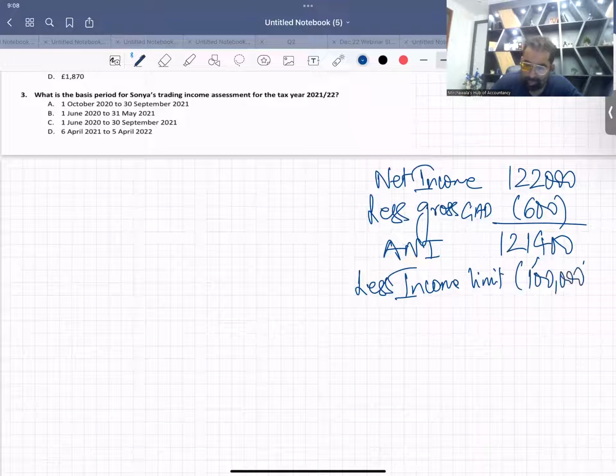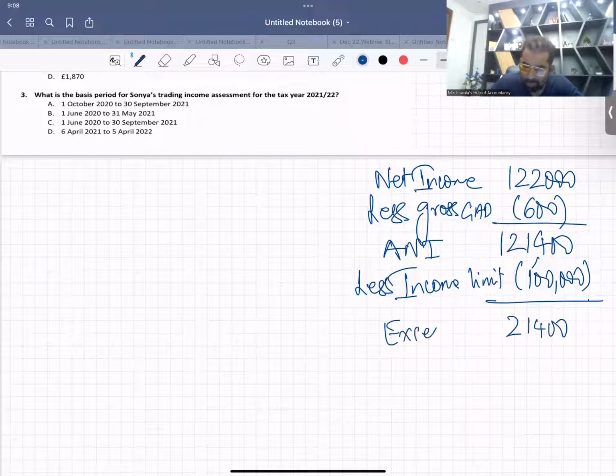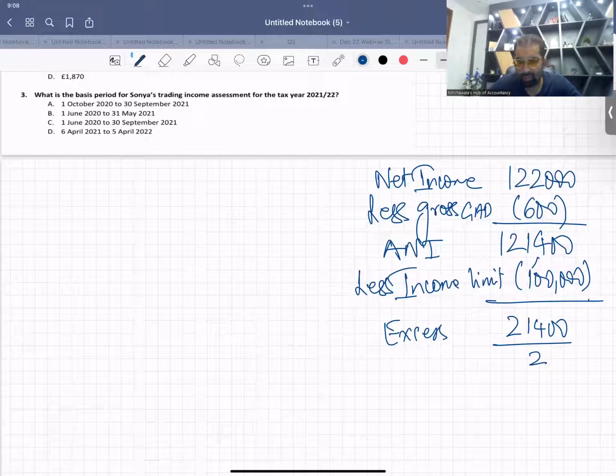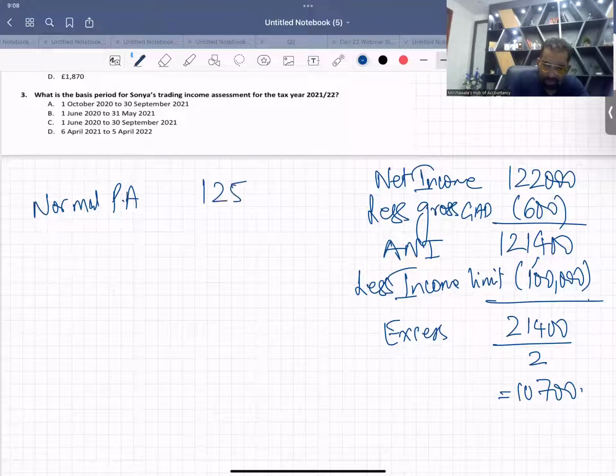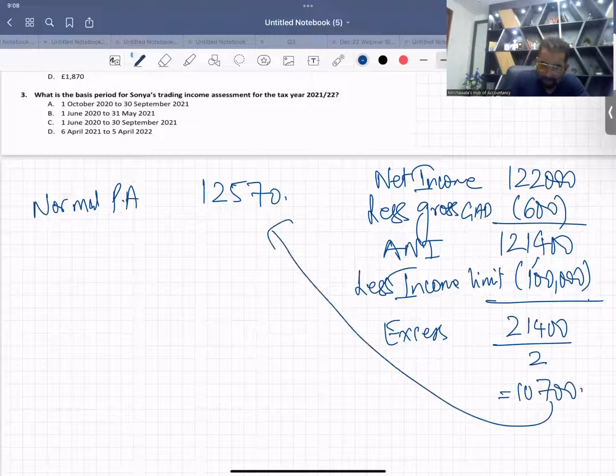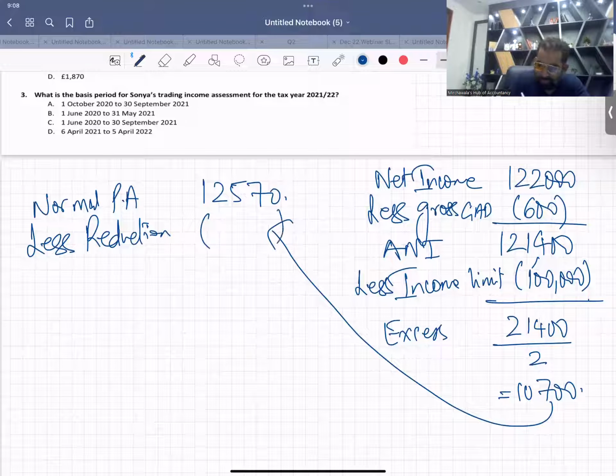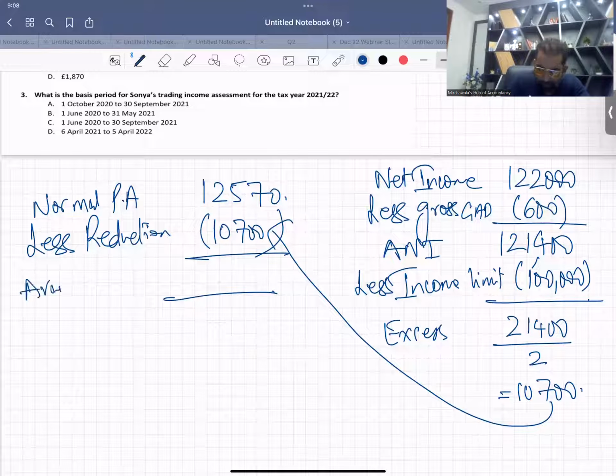The income limit was 100,000, so the excess amount was 21,400. What you do is divide the excess by 2, making 2 pieces of the excess. It's 10,700. Now, what is the normal personal allowance? 12,570, and you deduct this reduction of 10,700. This is very basic. So how much personal allowance is available? 1870.